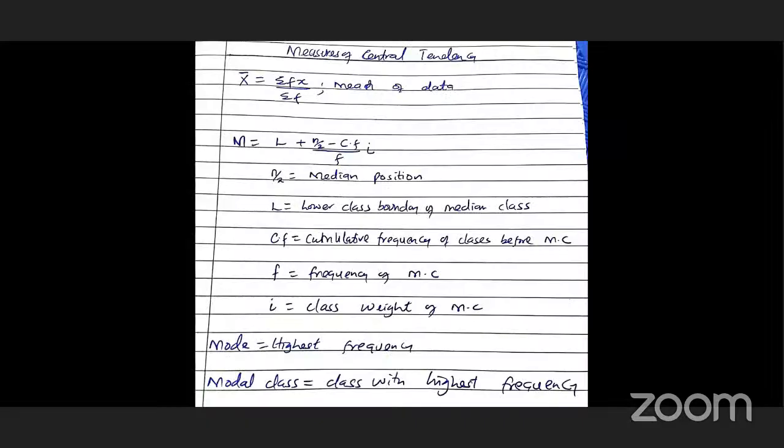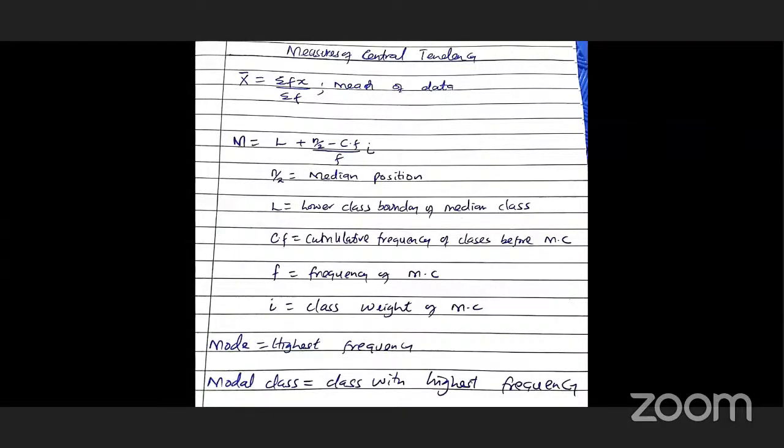Okay, having said that, let's look at measures of central tendency, which I said are items like the mean, the median, and the mode. That's what we call measures of central tendency.